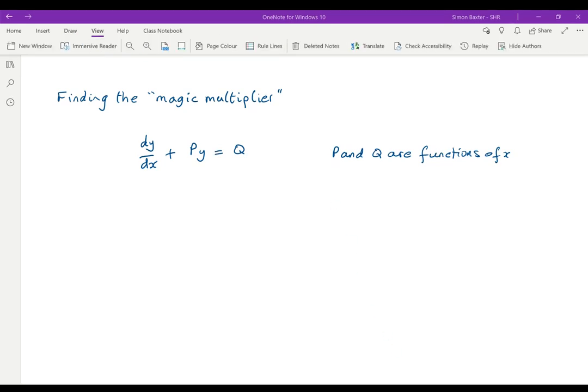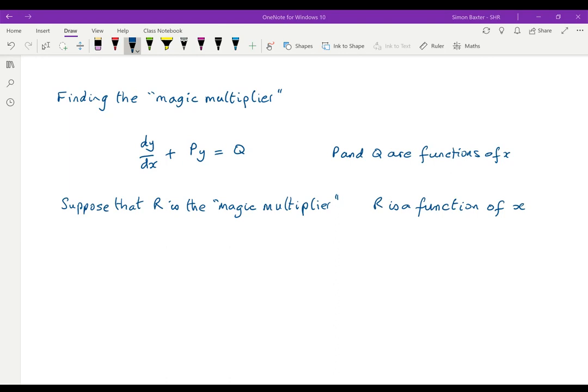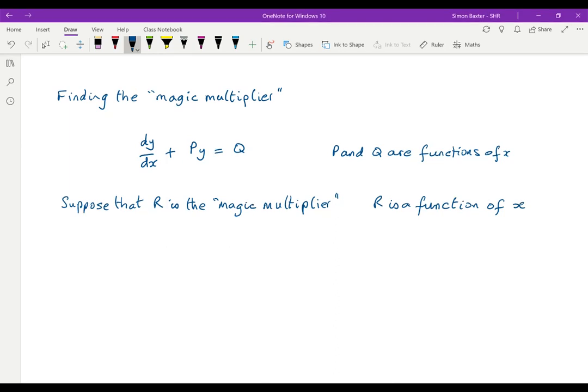Well, let's suppose that r, which is a function of x, is the magic multiplier. Then, multiplying through by r, we have that r dy by dx plus r p y is equal to rq.